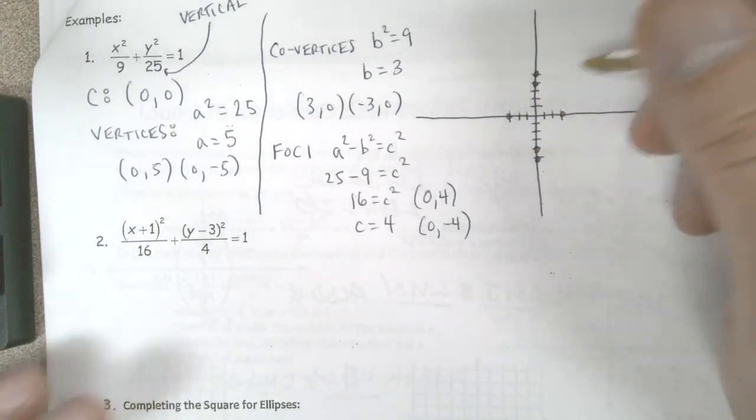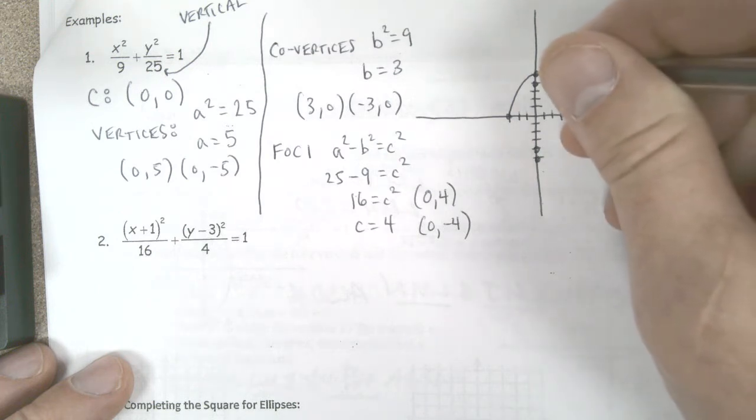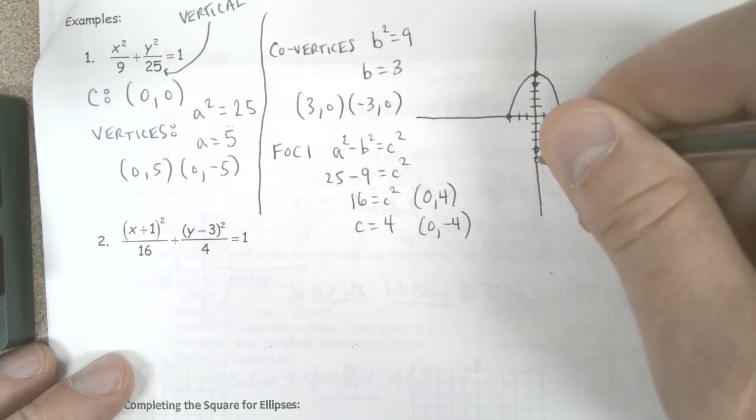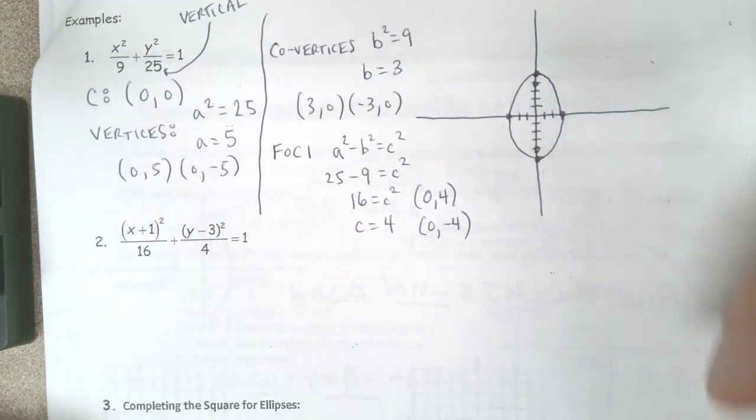And really, after I have all these plotted, I can go ahead and sketch in my ellipse. Again, you want your lines to be somewhat curved. Looks like an oval shape.